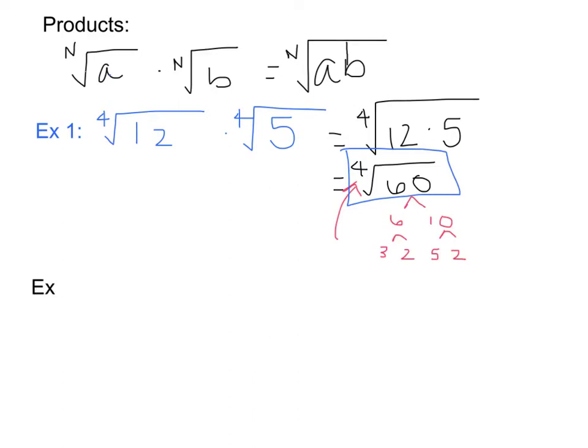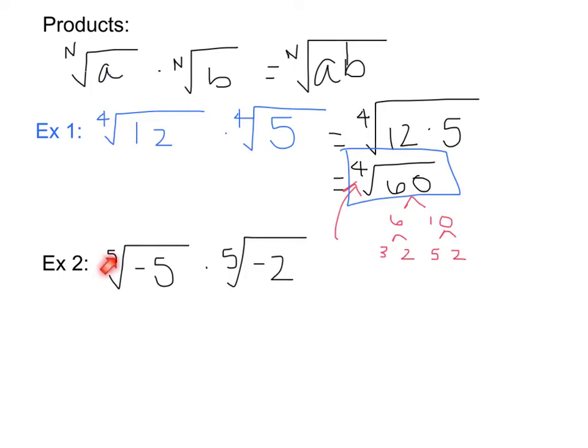Let's look at our second example. I want you guys to try the fifth root of -5 times the fifth root of -2. Go ahead and press pause and try this problem.